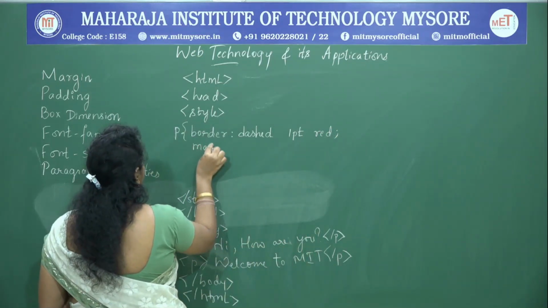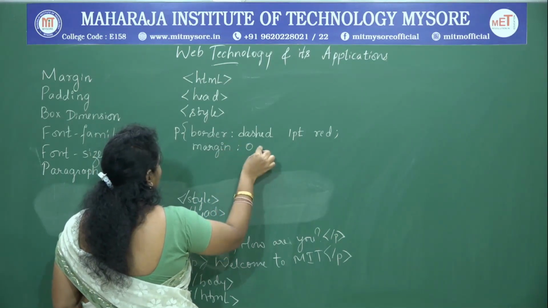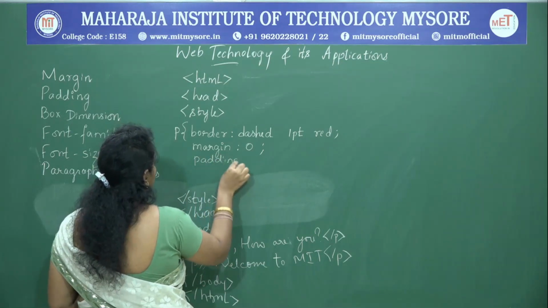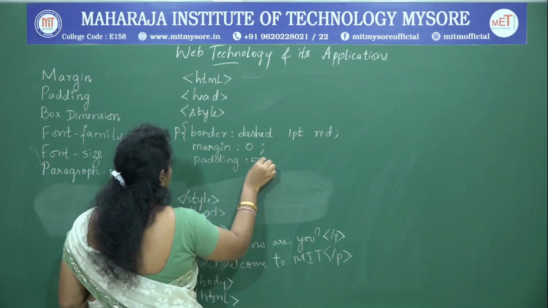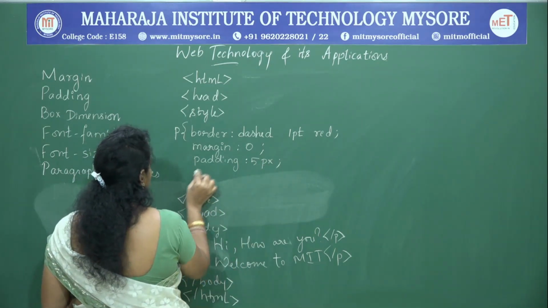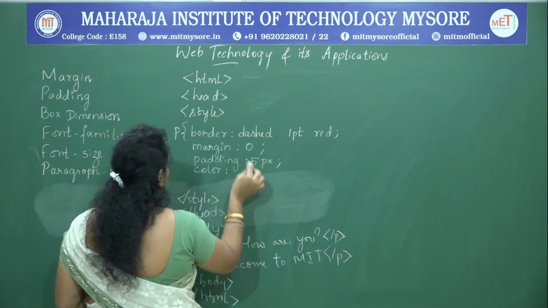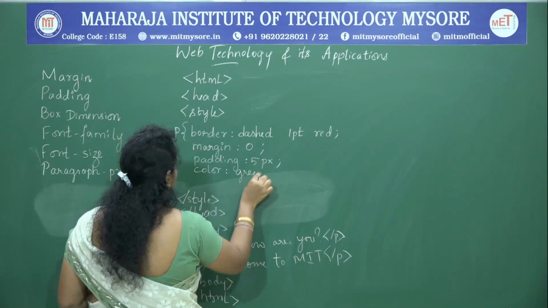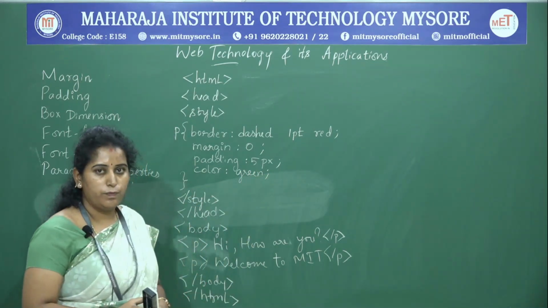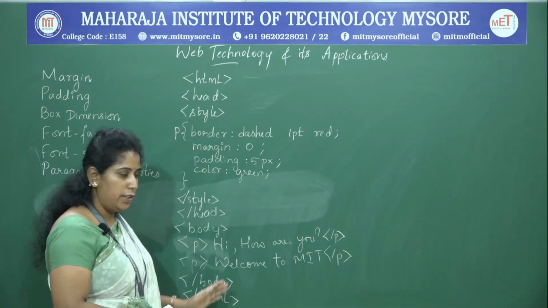Now I will give margin 0. Okay, padding 5 pixel. Now also I will give font color green. Now I will end the style rule. Okay, so now the program is ready for execution.